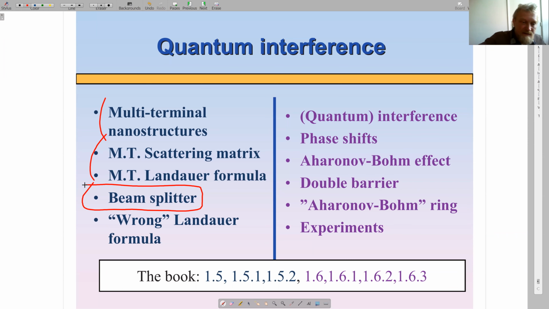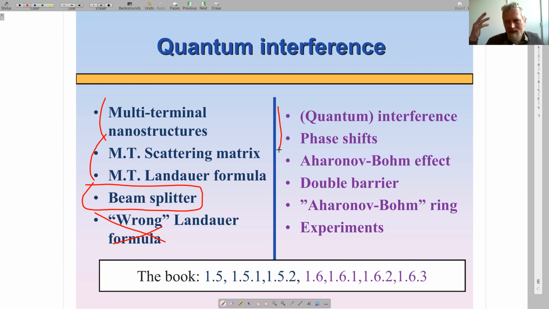Good. I wouldn't say anything about the Landauer formula today. Rather, I will talk about interference in general, in particular quantum interference, and about phase shifts.